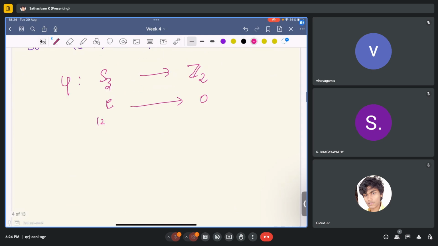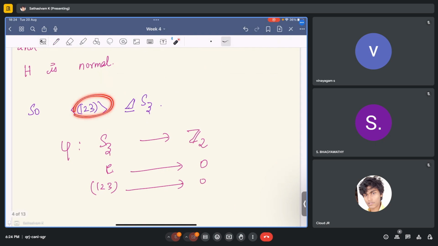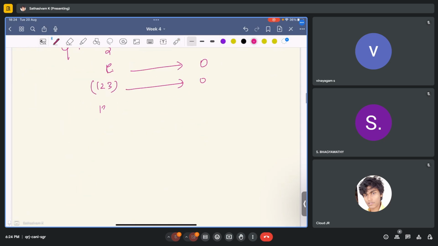So S3 has 6 elements, right? We just give the map. So (1 2 3) maps to 0, because we want this to be in the kernel. So we map all these kernel elements to 0. So (1 3 2) maps to 0 here. There are 3 other elements: (1 2) we map to 1, and (1 3) we map to 1, and (2 3) also we map to 1.